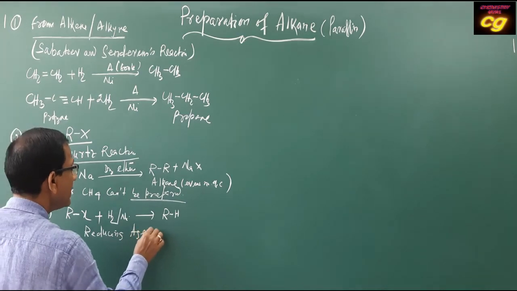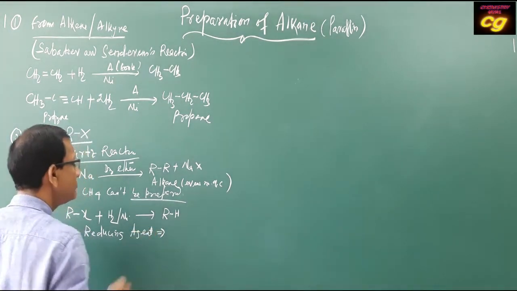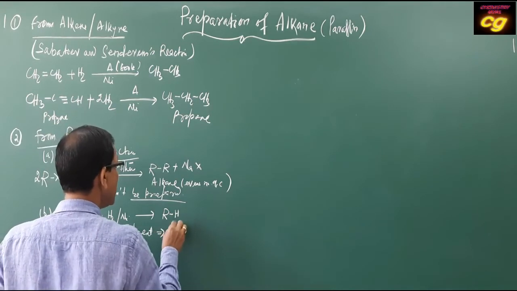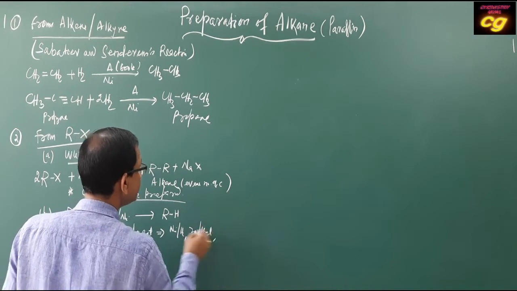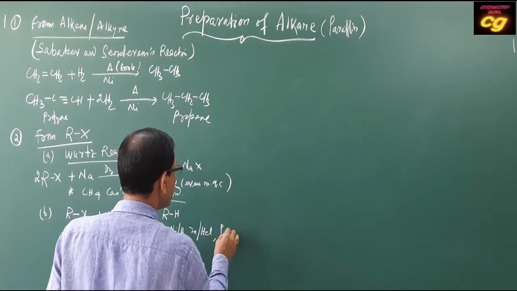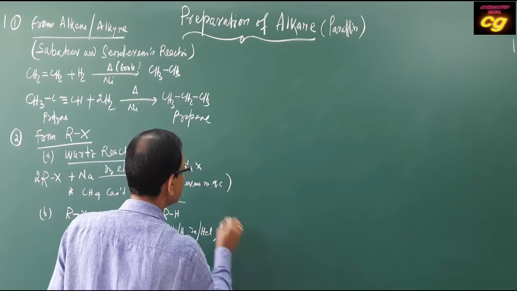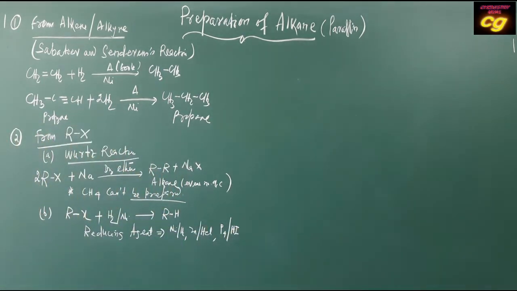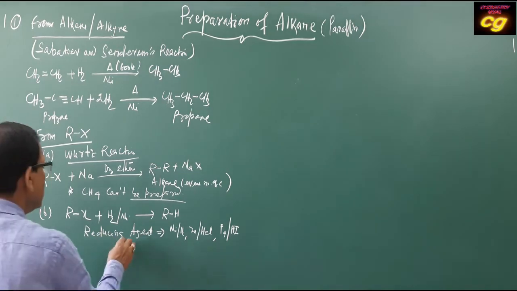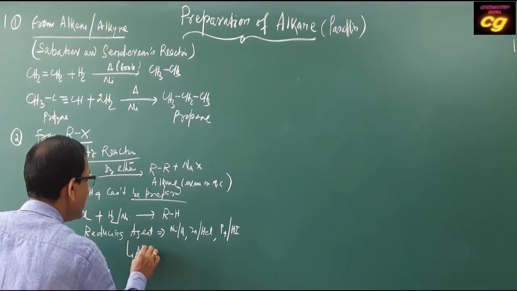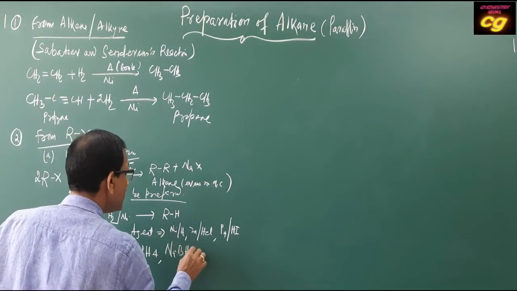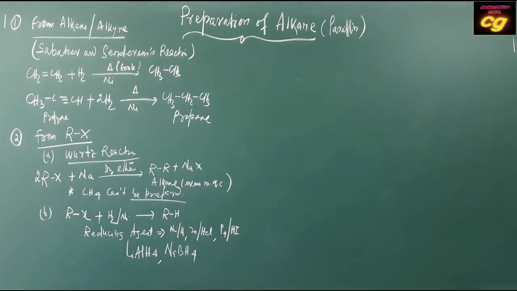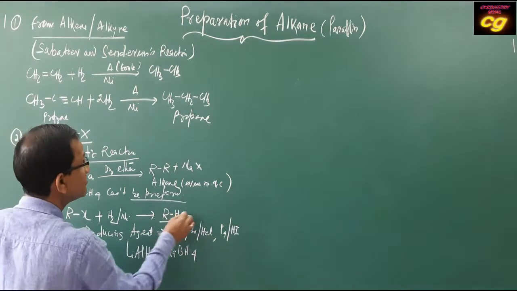I already told you nickel and hydrogen, then zinc and HCl, P4 and HI, lithium aluminium hydride, and sodium borohydride. These are some important reducing agents. They reduce haloalkane to alkane.